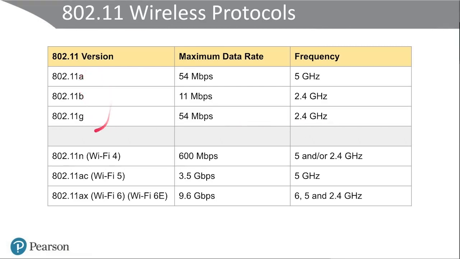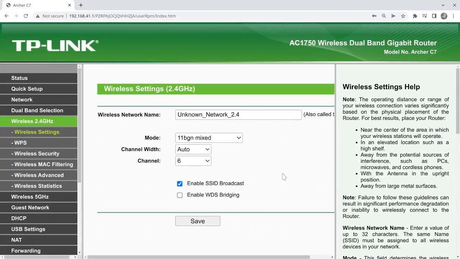So you probably won't see these protocols very often, but let's show an example of them. I'm connected to a typical wireless access point / router, and I'm in the wireless 2.4 gigahertz section. So this particular router can send data on the 2.4 gigahertz frequency and the 5 gigahertz frequency.